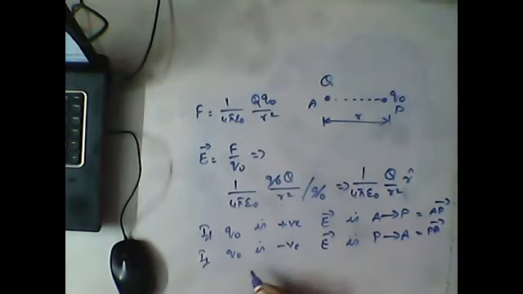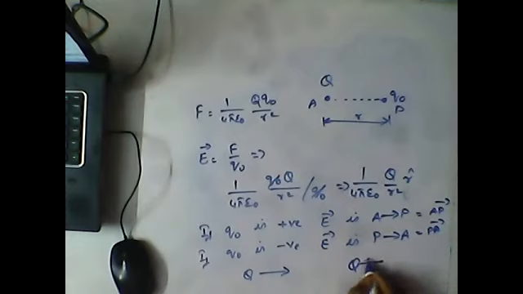Symbolically, we can represent it like this: this is your test charge, and it will be in this way, and this is the test charge in this way. So here it is the electric field. We can represent it like this, this is minus Q. This is how we will represent it. Coming to the next point here.